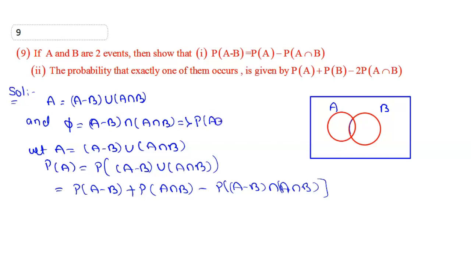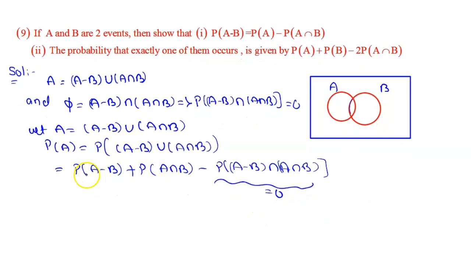So P of A minus B intersection A intersection B, if you operate P, the value will become 0. In the sense this will vanish, right? So here this is equal to P of A minus B plus P of A intersection B. So final conclusion is what?